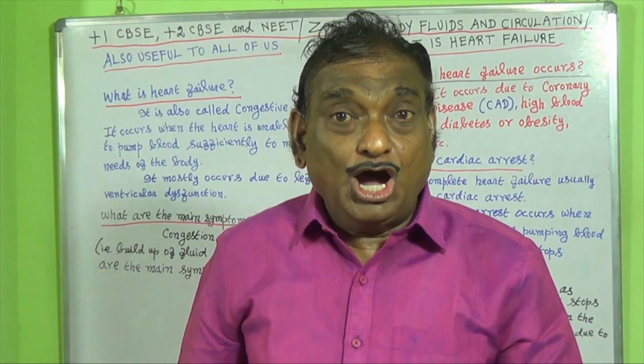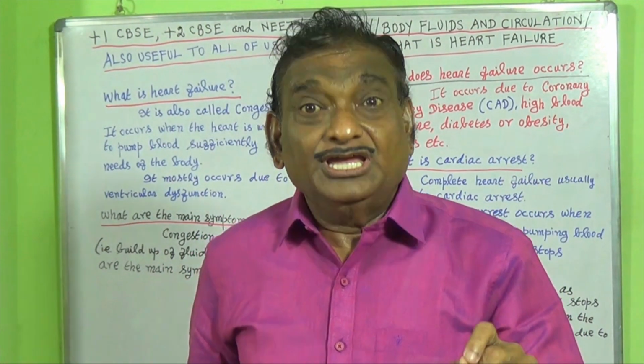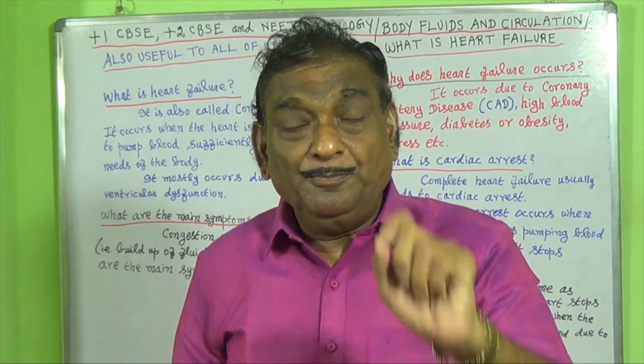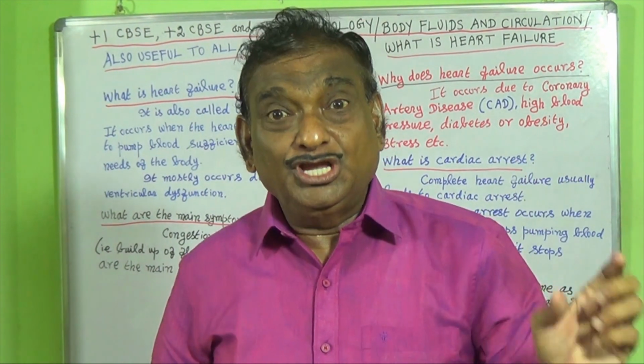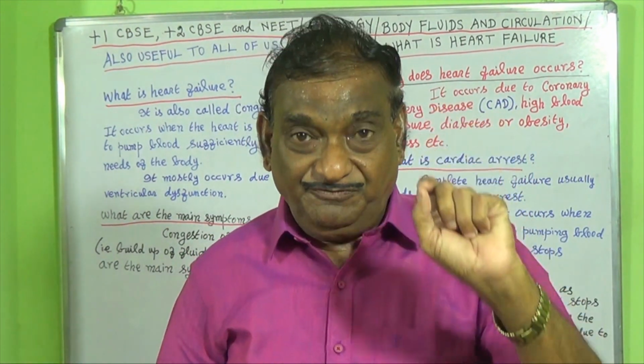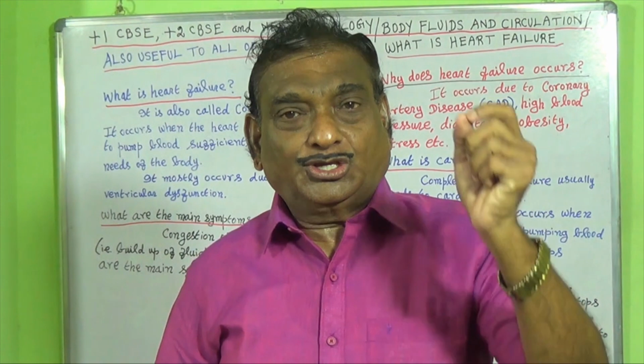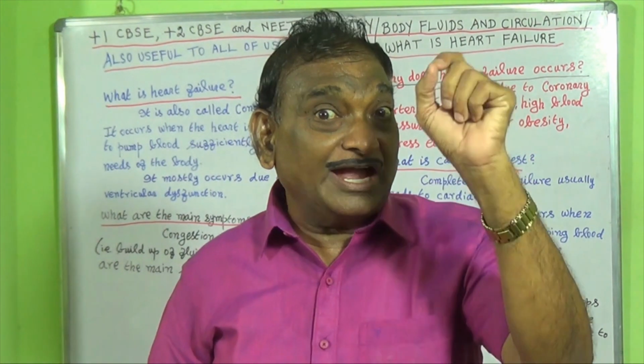In the case of cardiac arrest, the heart stops pumping blood from the heart to different parts of the body. These are the differences between heart attack, heart failure and cardiac arrest.